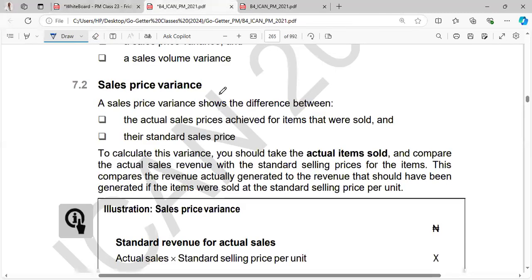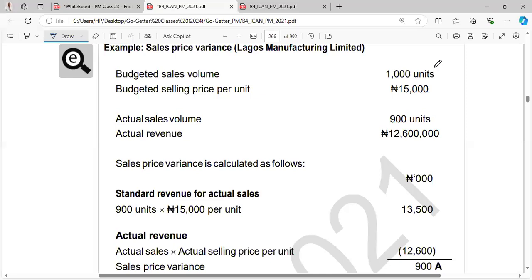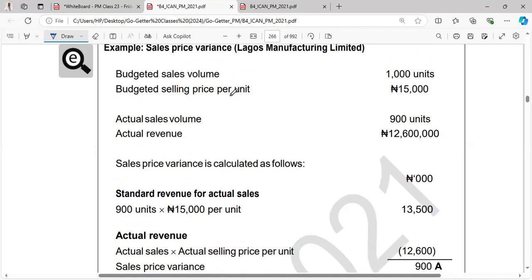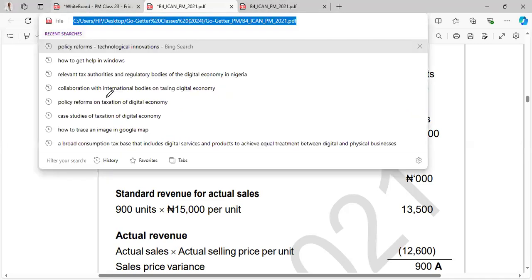So let's look at an example here. Budgeted sales volume is 1,000 units. Selling price per unit is 15,000. That's the same example we have been doing before. Actual sales unit volume is 900. Actual revenue is this. So now let's calculate the sales price variance.